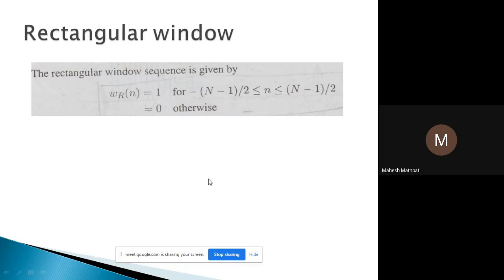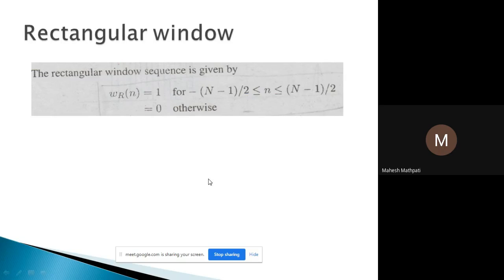For example, if N value is 25, how will the signal be represented? If N is 25, then where is the value of this omega of n present? -12 to +12. What will be the amplitude? 1.